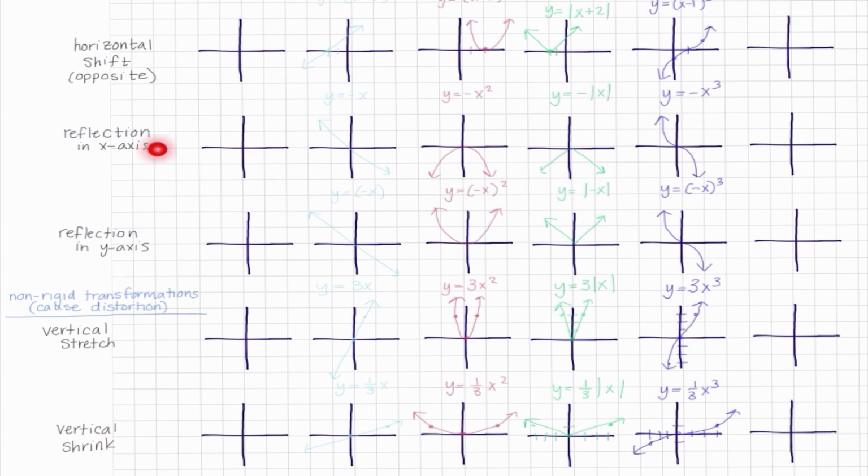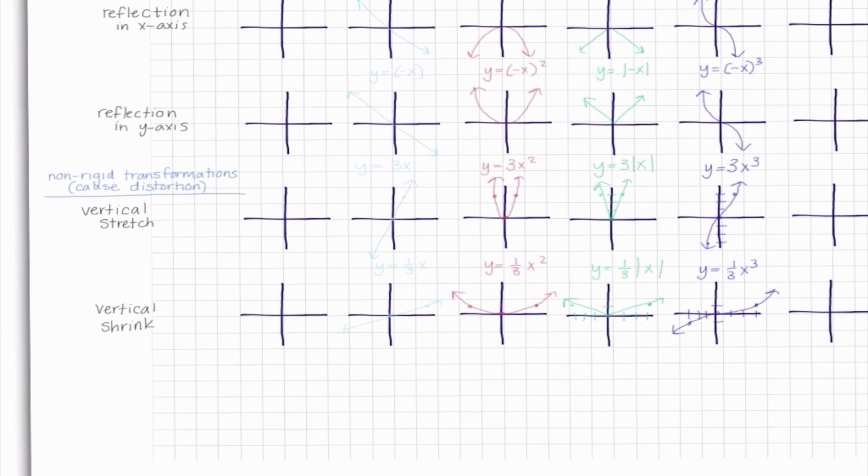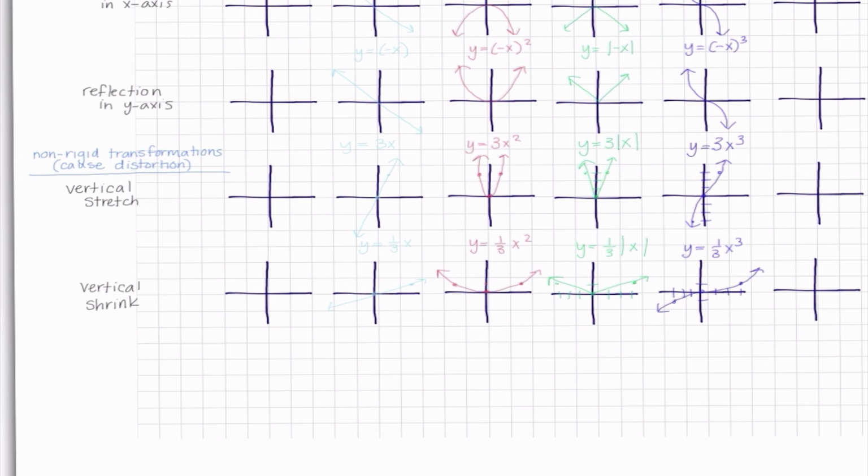It is always a reflection in the x-axis when we have that negative outside the function. Likewise, it's a reflection in the y-axis when we have a negative inside the function. Those are all of our rigid transformations. Our non-rigid ones: it is a vertical stretch whenever this value has an absolute value greater than 1, and a vertical shrink whenever this value has an absolute value that is less than 1.